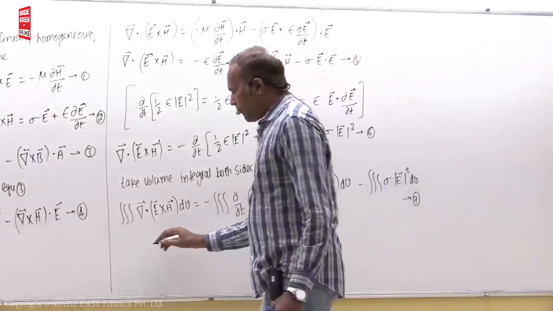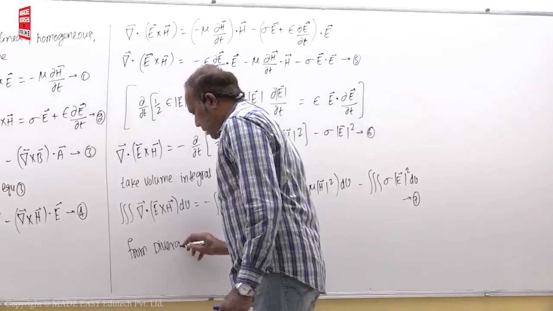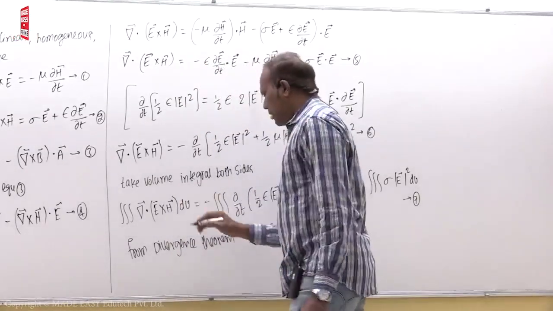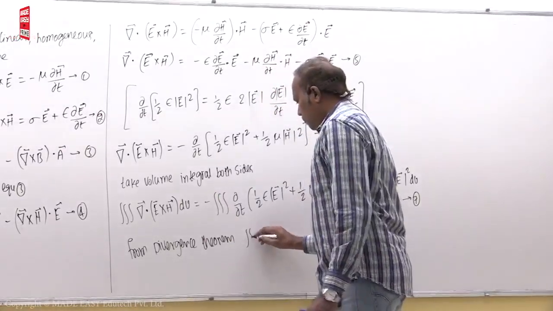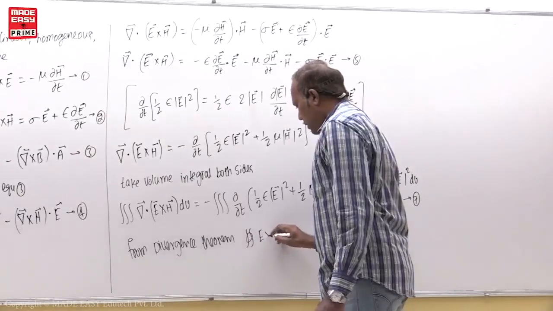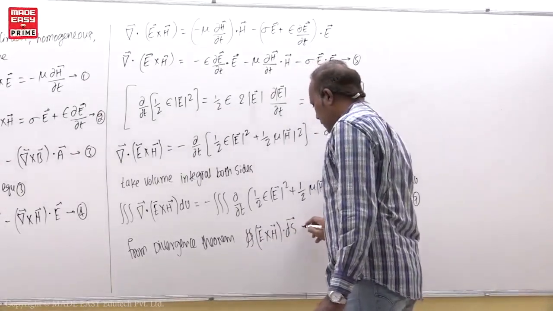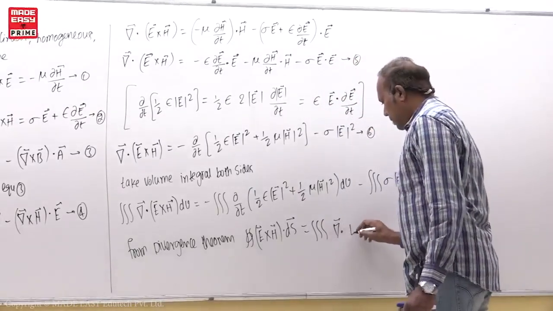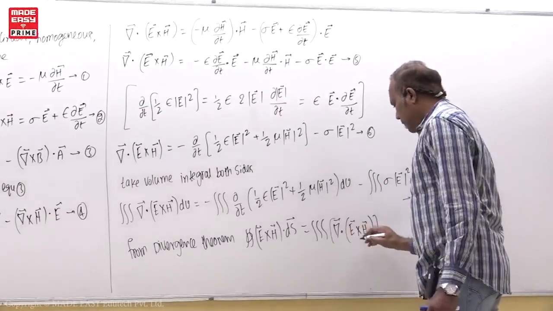Okay, from the divergence theorem, the closed double integral of E bar cross H bar dot ds bar is equal to the triple integral of the divergence of this vector, that is the Poynting vector, dV.